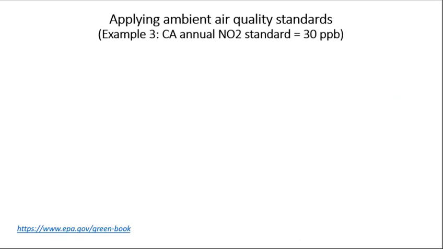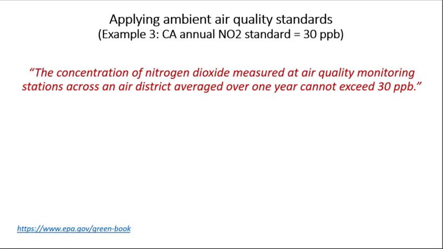As a final example, we take the annual California NO2 standard of 30 parts per billion. The concentration of nitrogen dioxide measured at air quality monitoring stations across an air district averaged over 1 year, since this is an annual standard, cannot exceed 30 parts per billion.